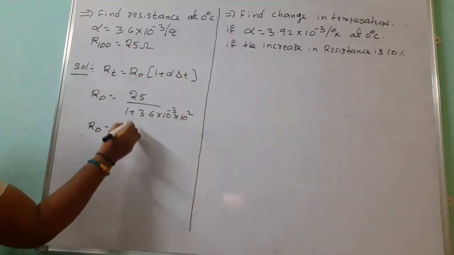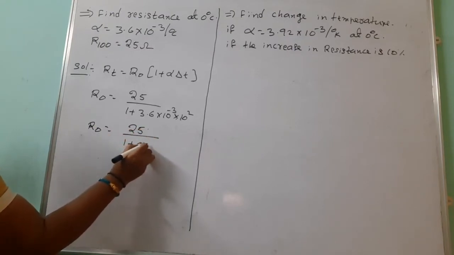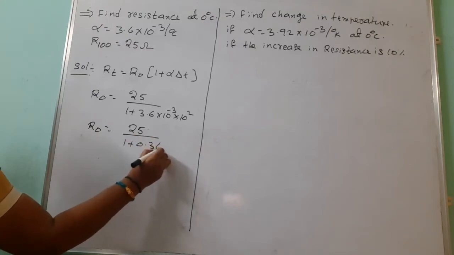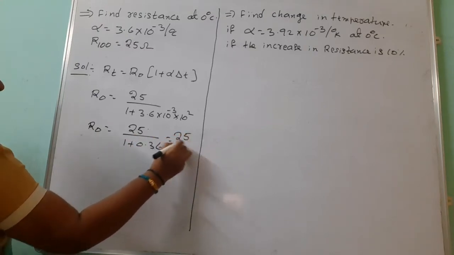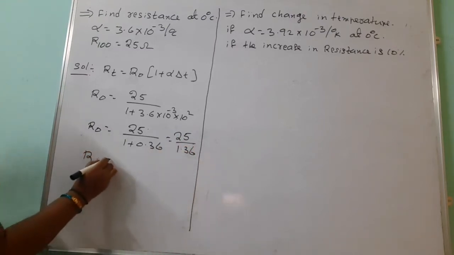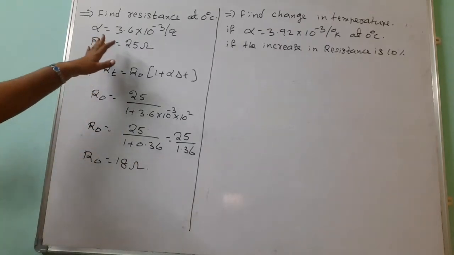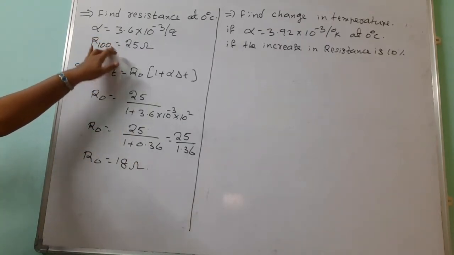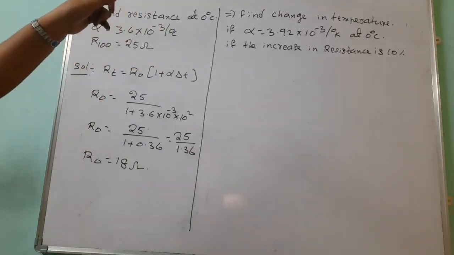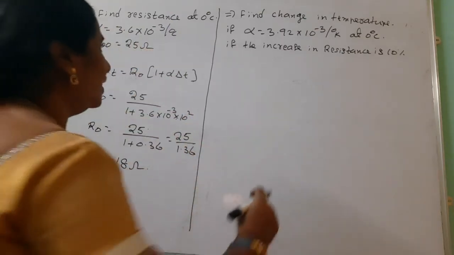Then R naught equals 25 by 1 plus 0.36, so this is 25 by 1.36. Approximately R naught is 18 ohms. So the given data is the resistance at 100 degree centigrade and the alpha value, and we can find the resistance at 0 degree centigrade, which is approximately 18 ohms.